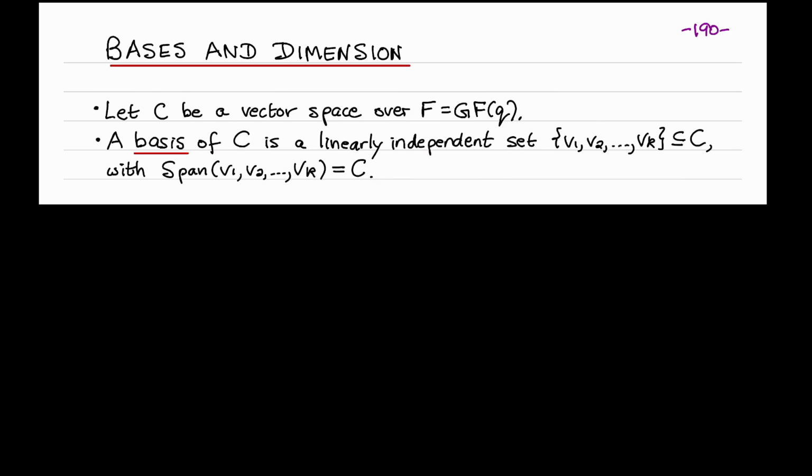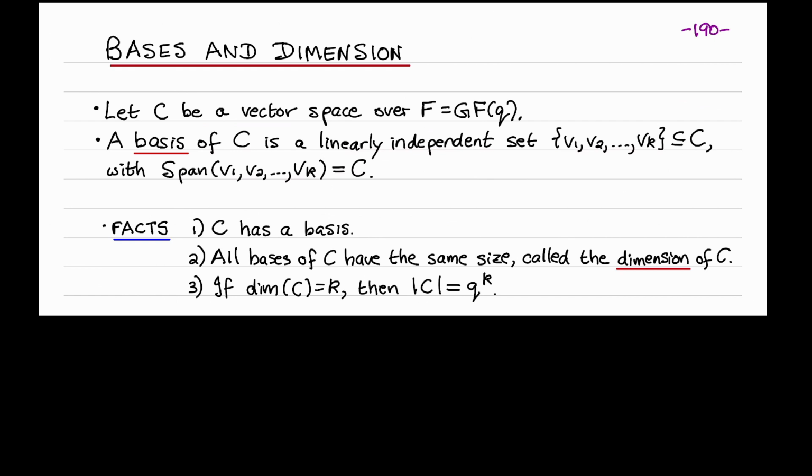A basis of a vector space C over F is a linearly independent set of vectors which span the vector space. So a basis is a linearly independent spanning set. Here are some basic facts about bases. Every vector space has a basis. In fact, C can have many bases.